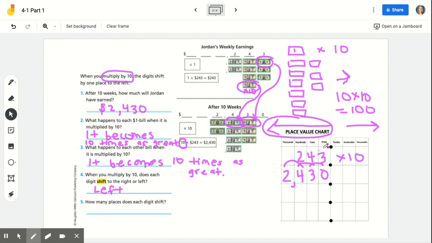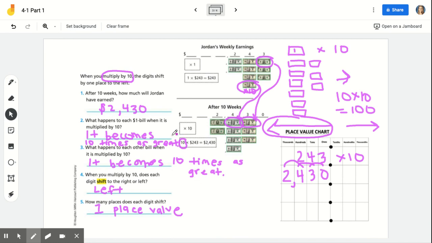From the 3 that's in the ones to go from the ones to the tens, how many place values is that? Just one. It hopped over just one. Just one place value. Go ahead and write that in for number 5 with me. One place value. Does your book look like mine?